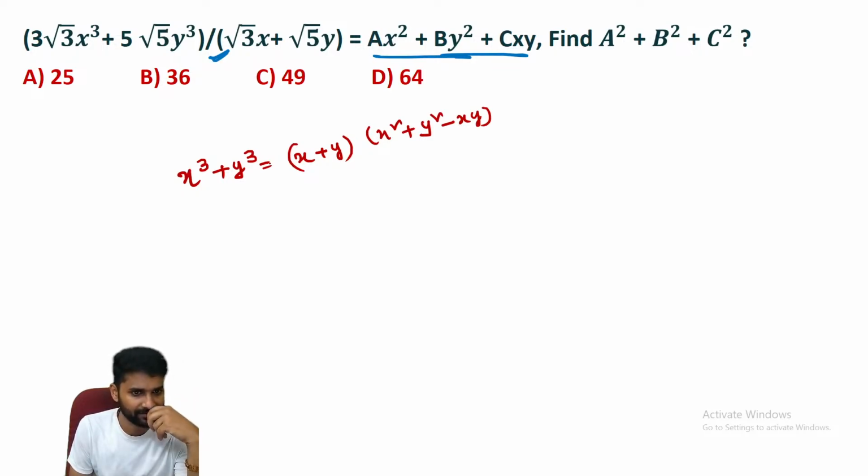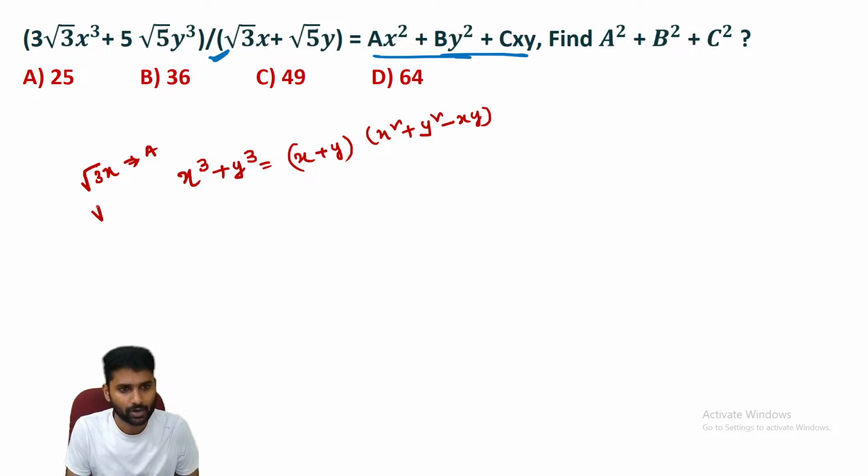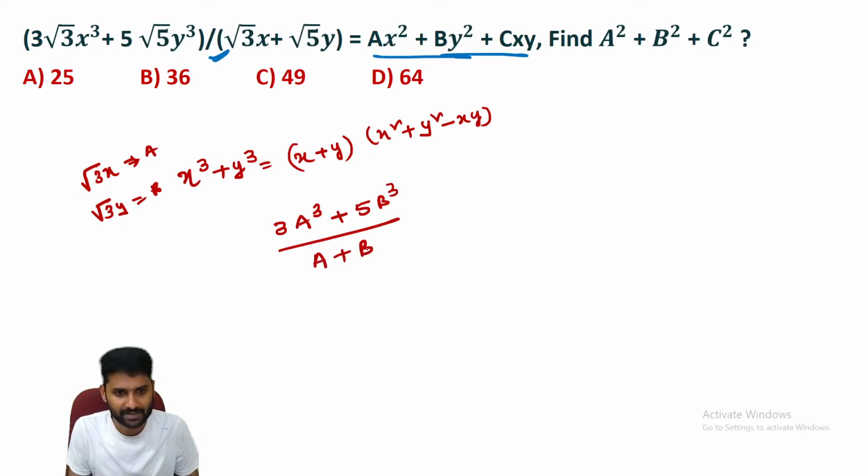Now you have to write this information. Root 3x is equal to a, root 5y is equal to b, so a cube plus b cube divided by a plus b. Is it clear?